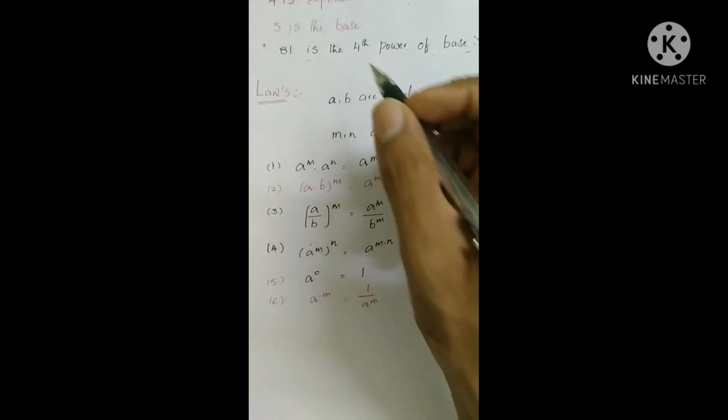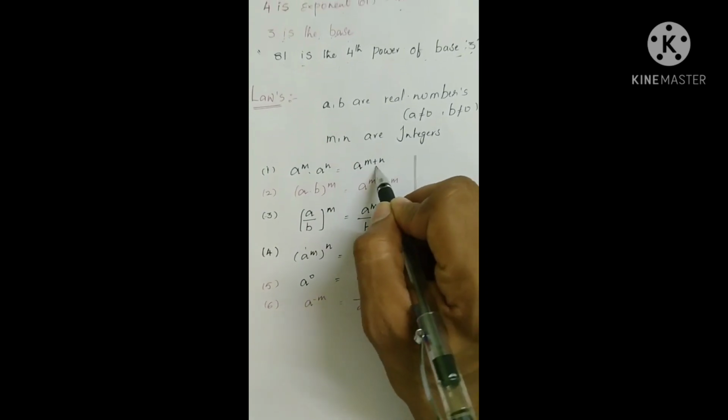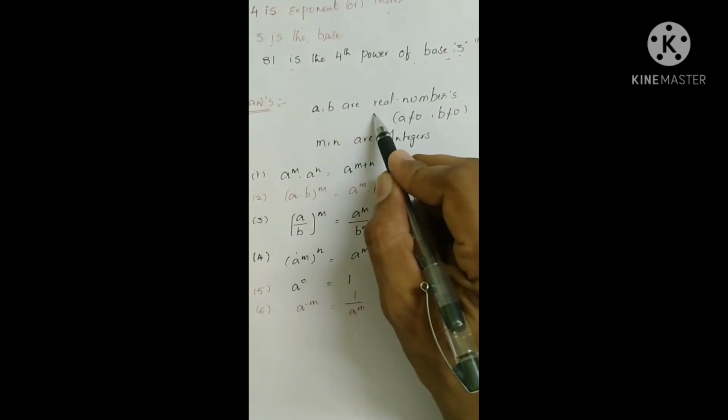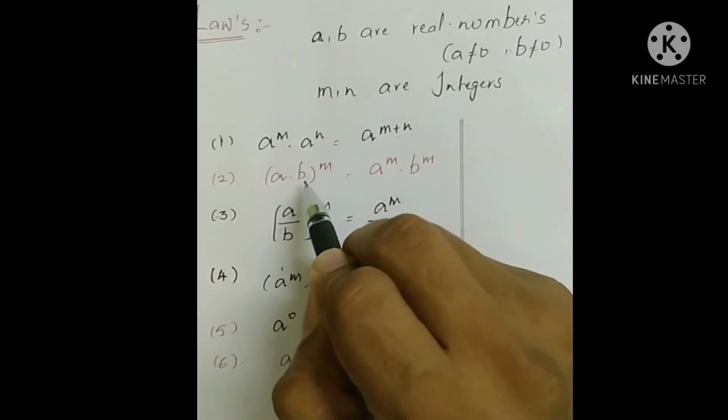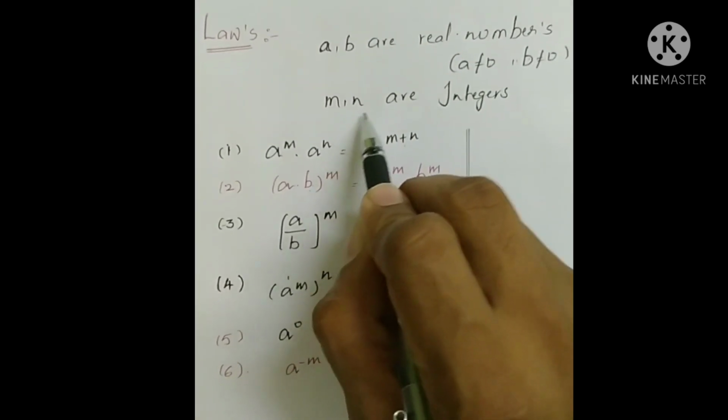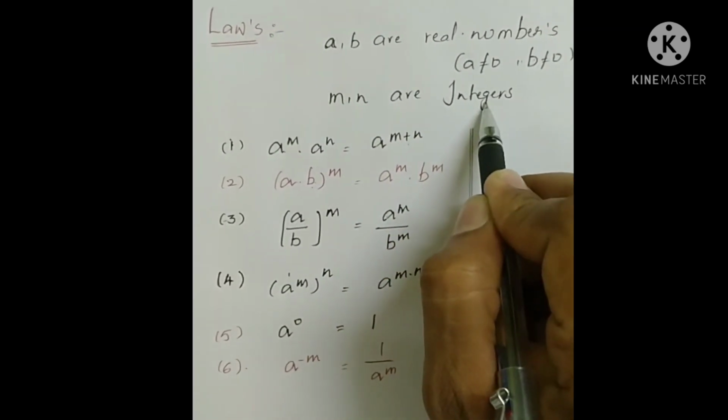So these are the fundamental laws of exponents. Here a, b are real numbers. Here a is not equal to 0, b is also not equal to 0. m, n are integers.